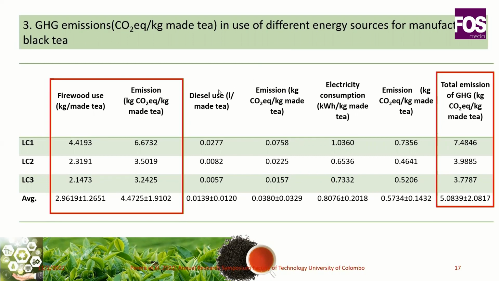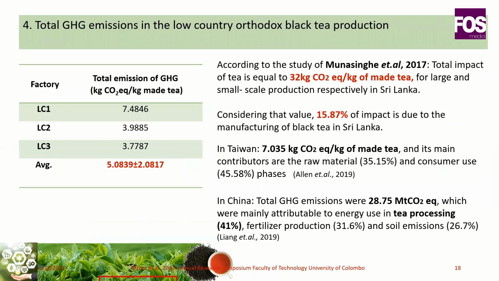From those three, the highest greenhouse gas emission was recorded from firewood use. And the total emission was recorded as 5.0 as an average for all three factories.